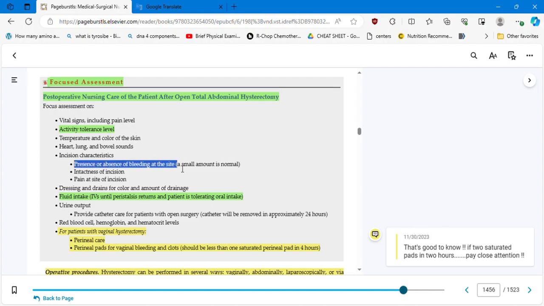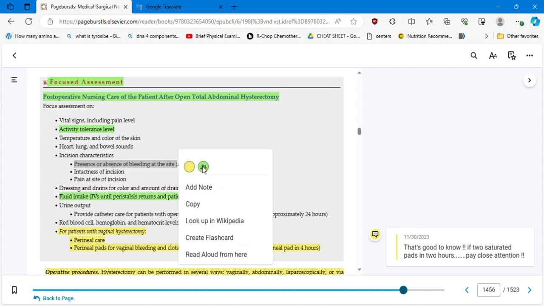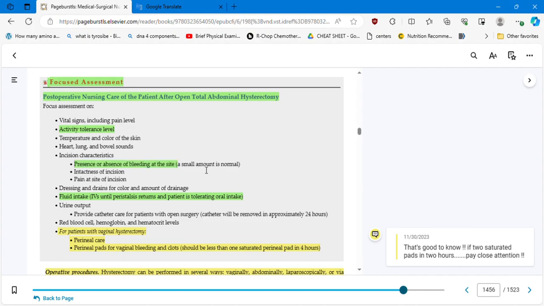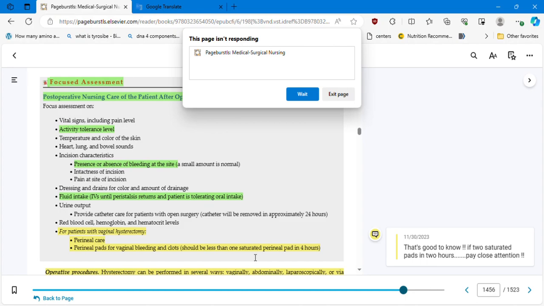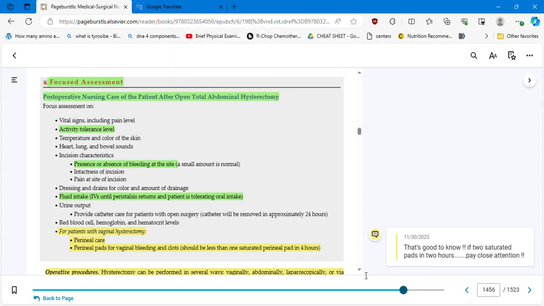We want to know if there is pain at the site of incision, and fluid intake, IV, until peristalsis returns and the patient is tolerating oral intake. We want to assess patients with vaginal hysterectomy, perineal care, and perineal pads for vaginal bleeding and clots, which should be less than one saturated perineal pad in 4 hours, and that's good to know.